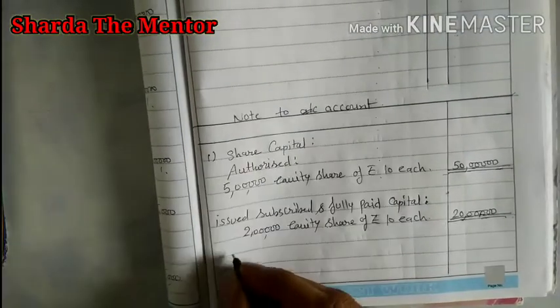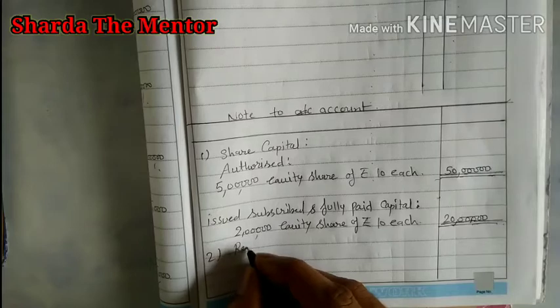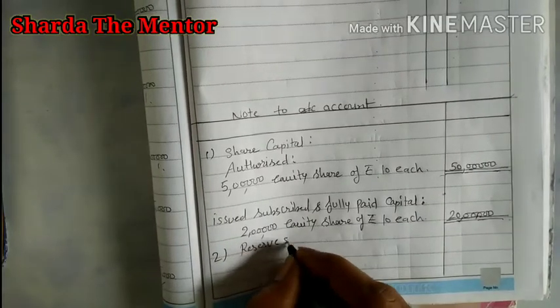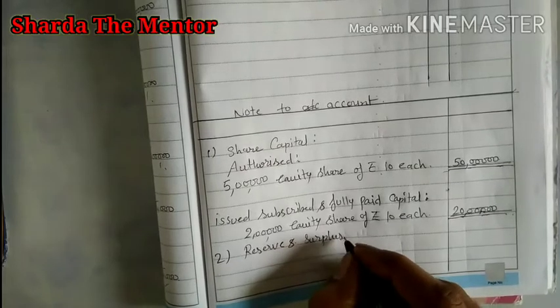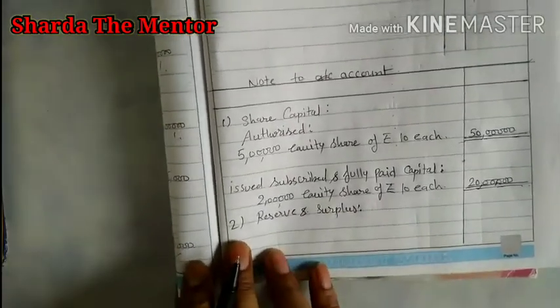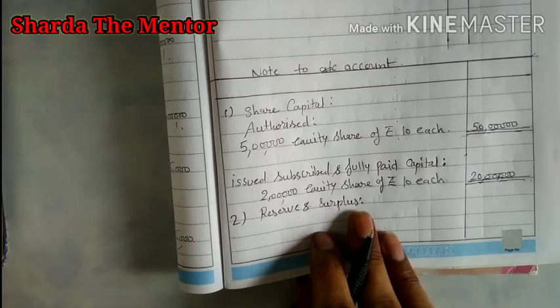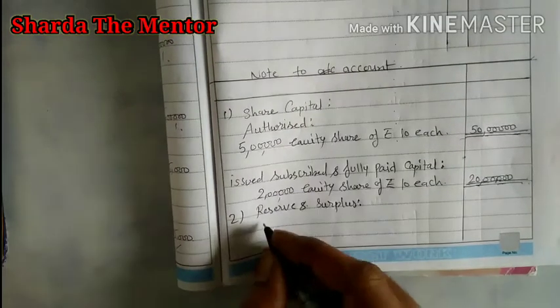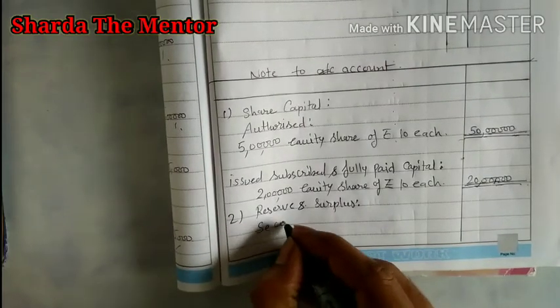Now second, that is reserve and surplus.